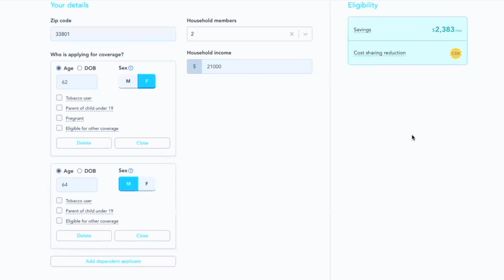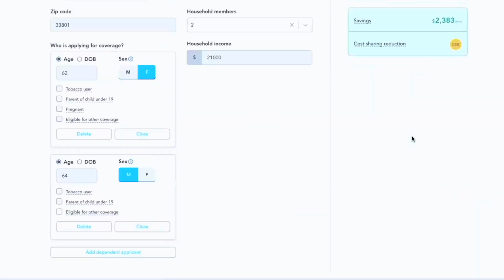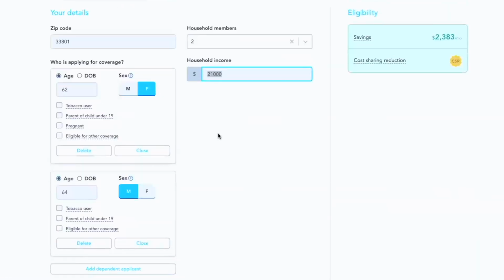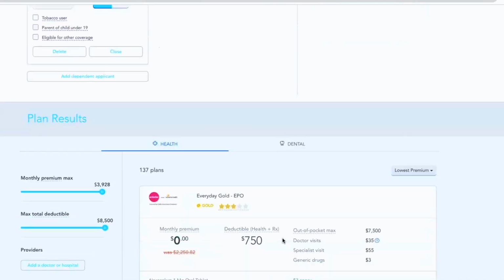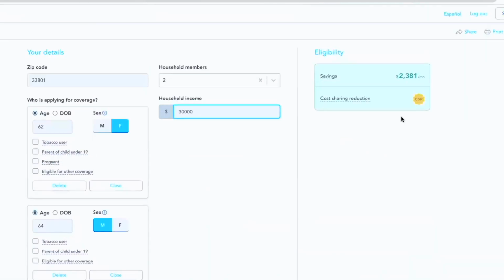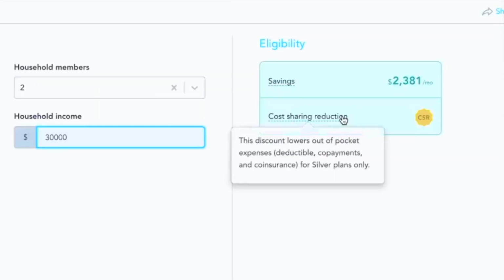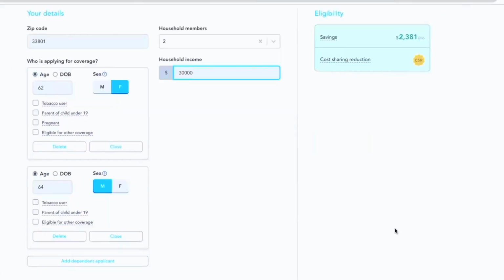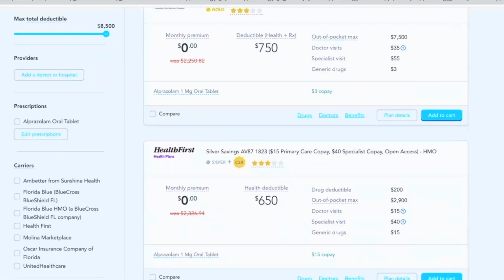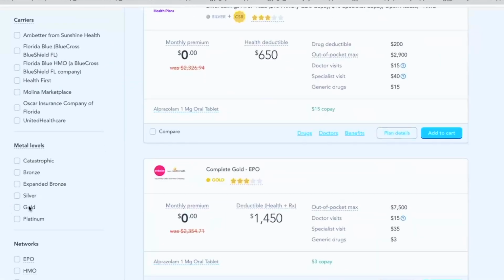So we have husband and wife here. Let's say they make 30,000. Okay, so we got 30,000. So we still have the cost share reduction. Okay, and then we have a savings of $2,381 per month. Let's go to the silver plans.